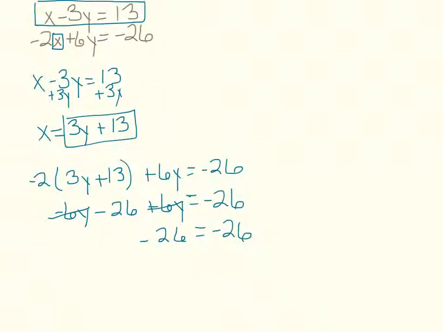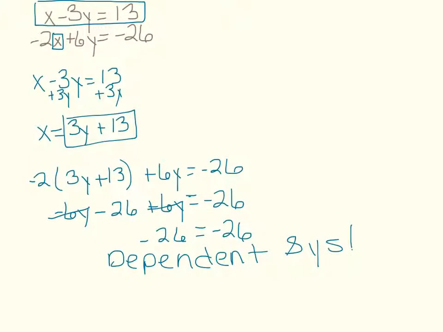The difference is this time it's the same thing on both sides. That's true, it does equal. That's because this is an example of a dependent system. And you have an infinite number of solutions.